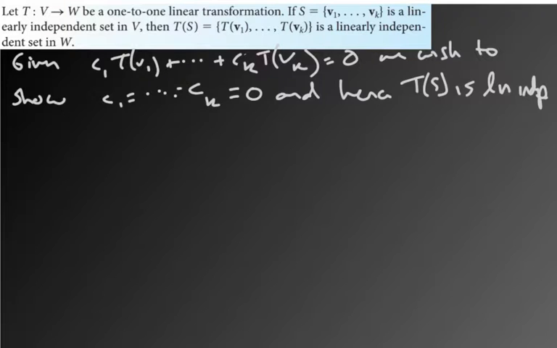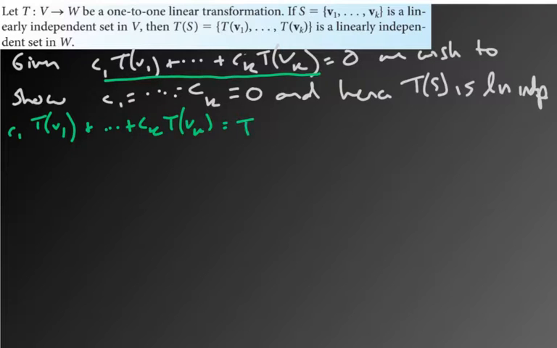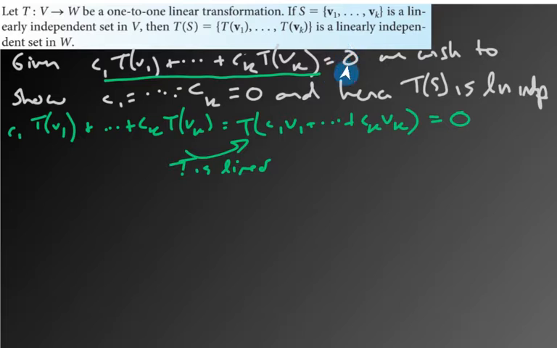Since T is linear, I can write this the same as T of c1 v1 plus and so on through ck vk, and all of that has to equal 0, because I'm just taking T of 0, and we know that the 0 vector goes to the 0 vector.